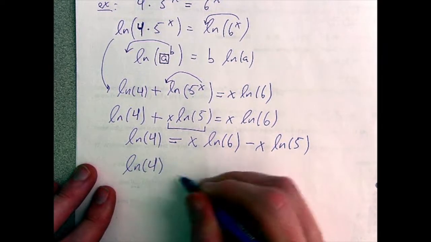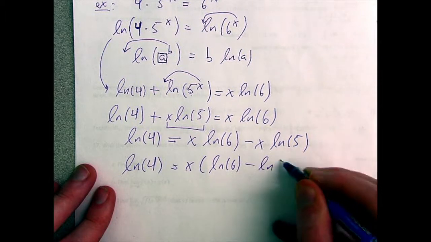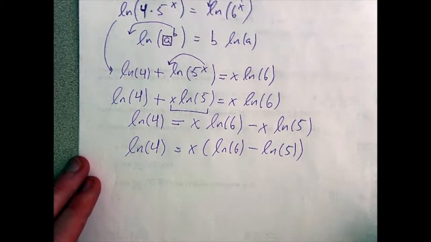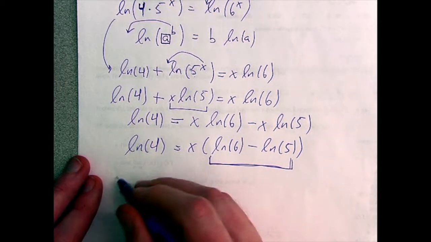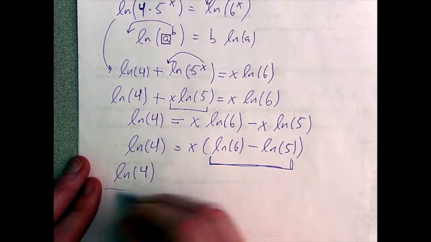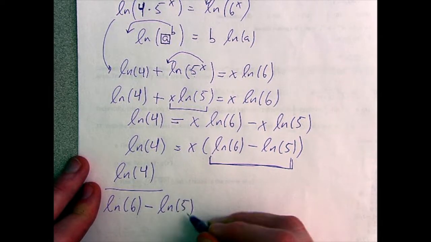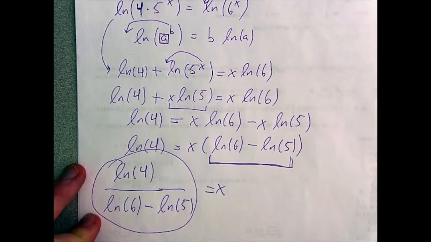So I have natural log of 4 is equal to x times natural log of 6 minus natural log of 5. And now, finally, I can solve for x by dividing both sides of the equation by this expression. So I have natural log of 4 over natural log of 6 minus natural log of 5 is equal to x, and that's an exact answer.